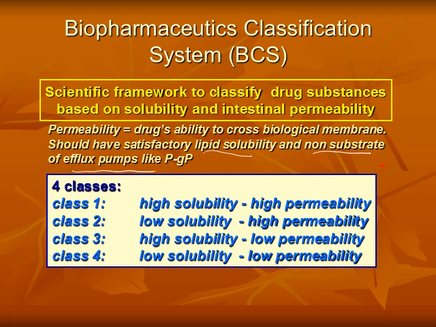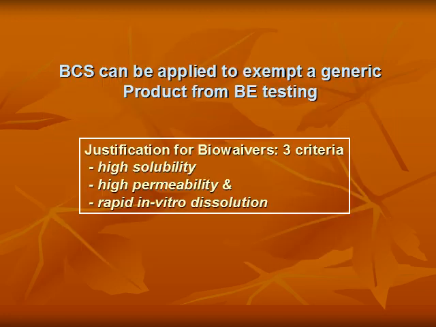They should have satisfactory lipid solubility and be a non-substrate of efflux pumps like PGP, so that they can have high permeability. In BCS classification, drugs are divided into 4 classes. First class is high solubility, high permeability; second class is low solubility, high permeability; third class is high solubility, low permeability.